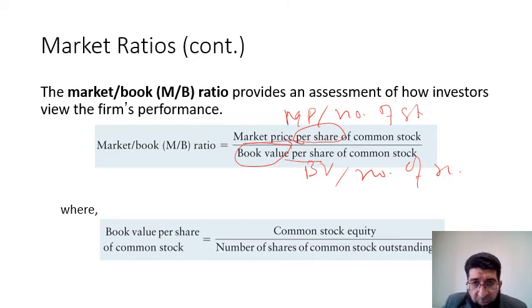Now, what is book value per share? It's also shown here, and you can see that it is the common stock equity divided by number of shares of common stocks. So book value basically means the common stock equity, which is stated in the financial statement on a historical basis.